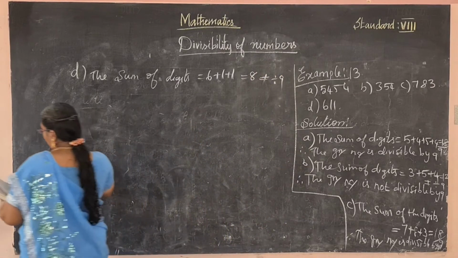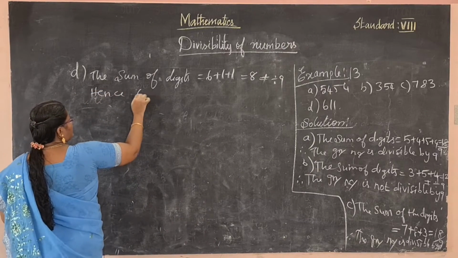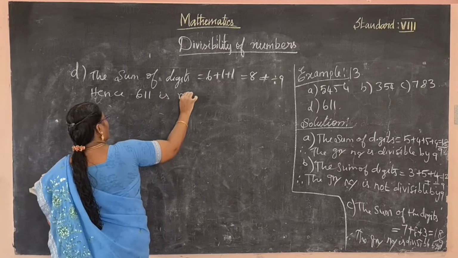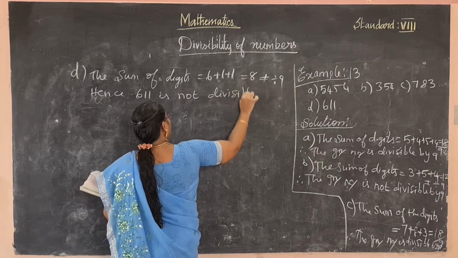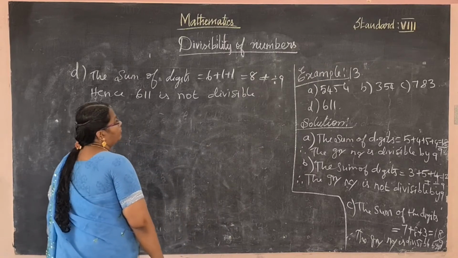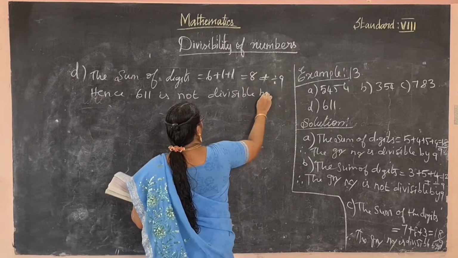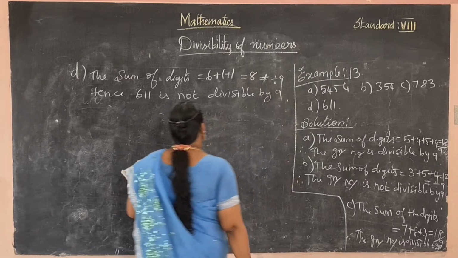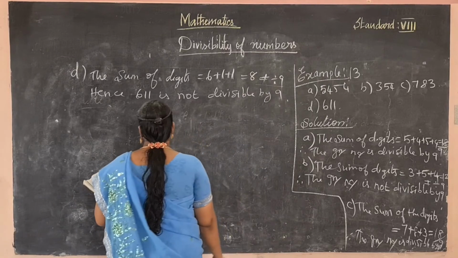Therefore, hence 611 is not divisible by 9. Okay.